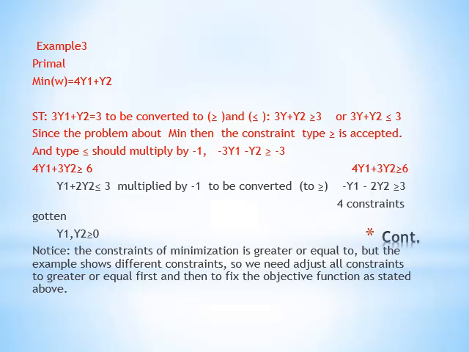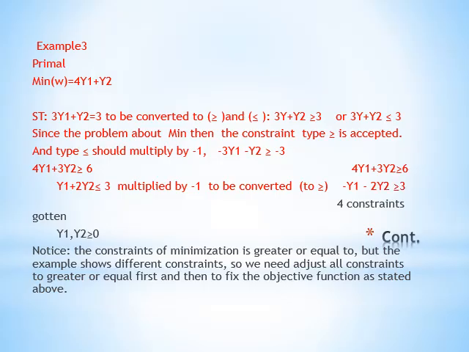3y1 plus y2 more or equal 3. Negative 3y1 minus y2 more or equal negative 3. 4y1 plus 3y2 more or equal 6. Negative y1 negative 2y2 more or equal 3. Four constraints gotten.